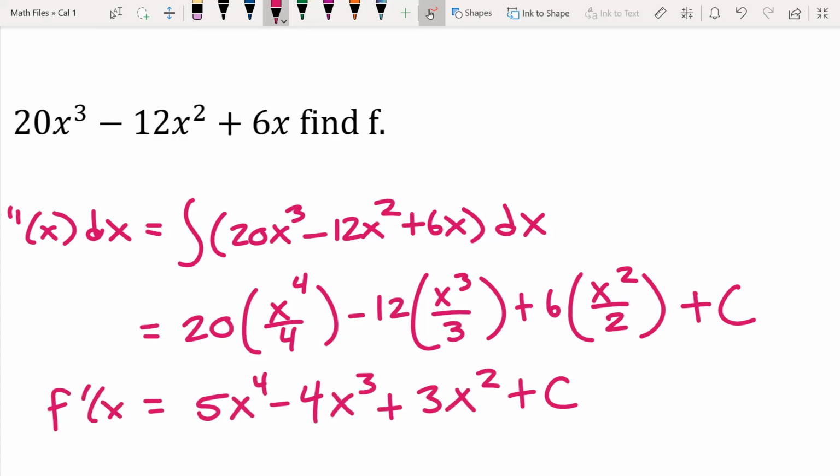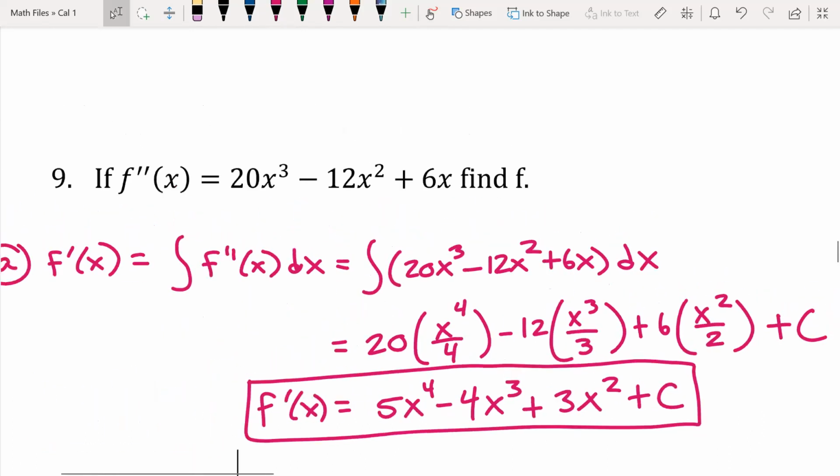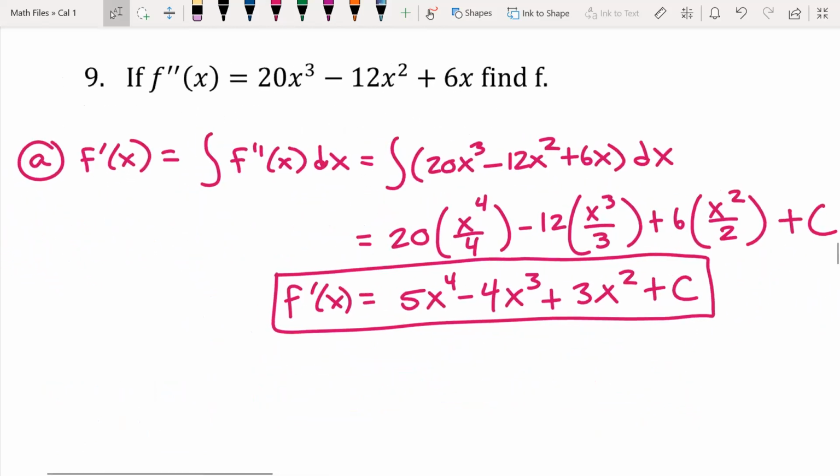Here is the first derivative. Which means now we can go ahead and find the original function f.